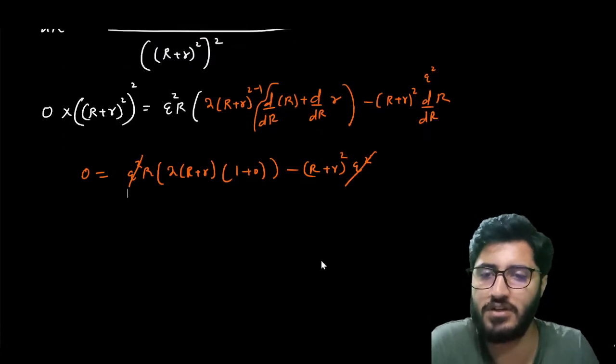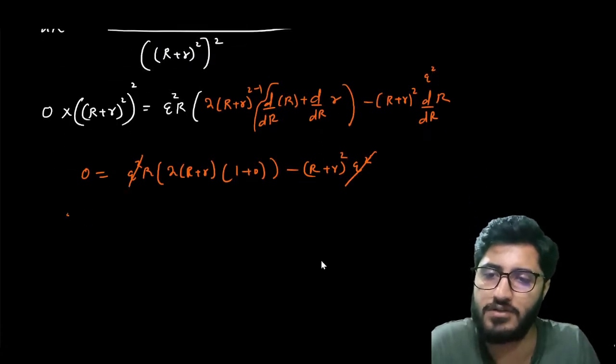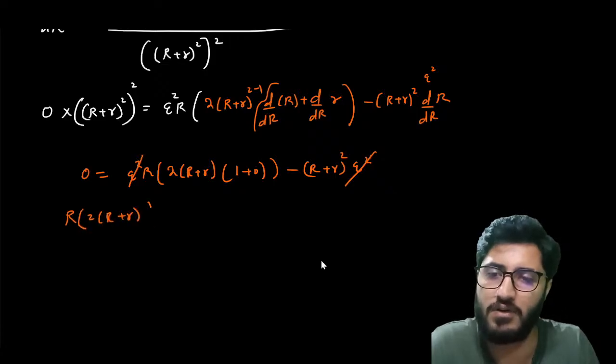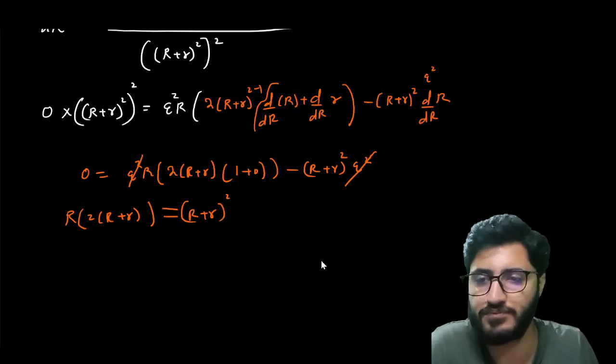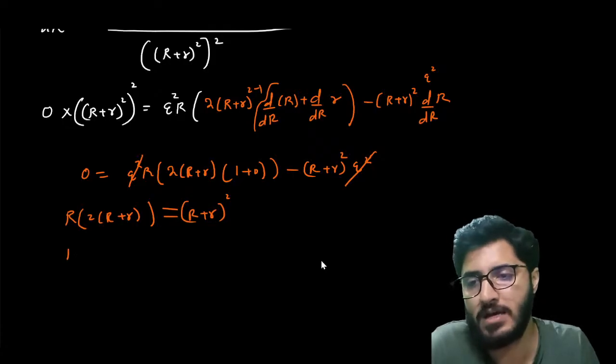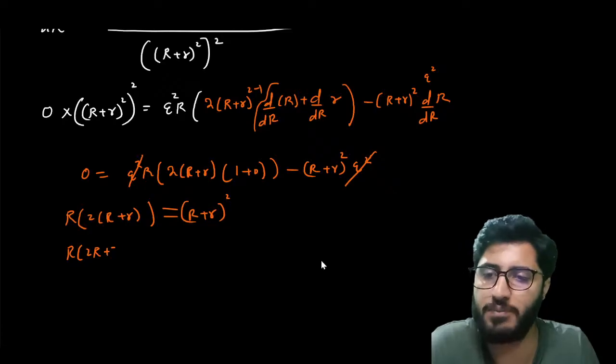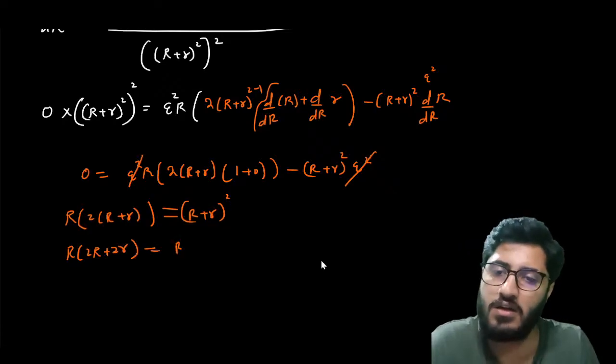So now the equation came out to be R times 2 times R plus r, then minus R plus r whole square, equals 0. It will be equal to R times 2R plus 2r equals R plus r whole square.